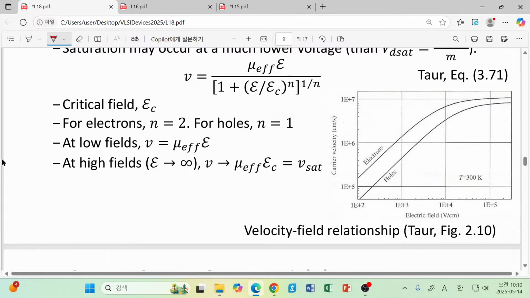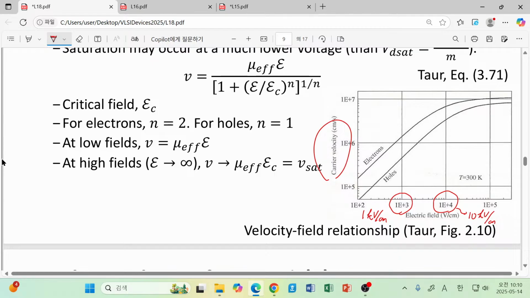If we increase the electric field higher and higher, then we can expect higher and higher electron velocity. Think about this one. Here we have an electric field corresponding to 1 kilovolt per centimeter, and this corresponds to 10 kilovolt per centimeter.